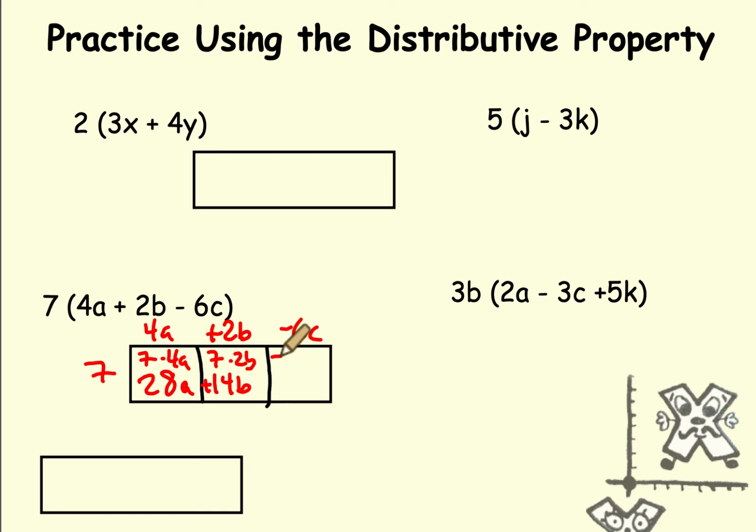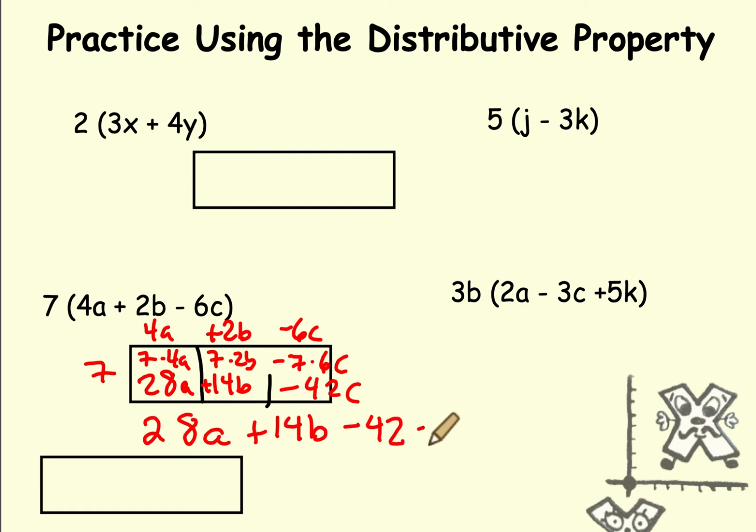So I'm going to put the minus sign, and then I'm going to put the 7 times 6c, which makes 42c. So what do I have all together? I have 28a plus 14b minus 42c.